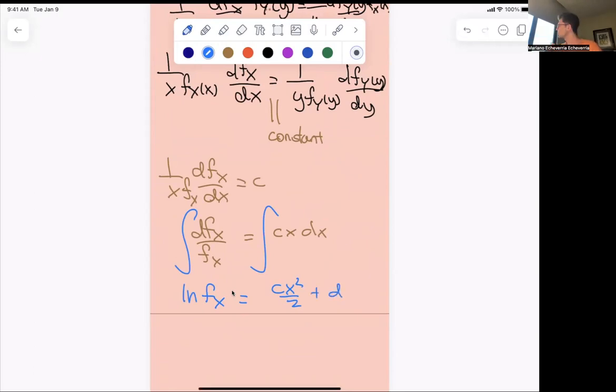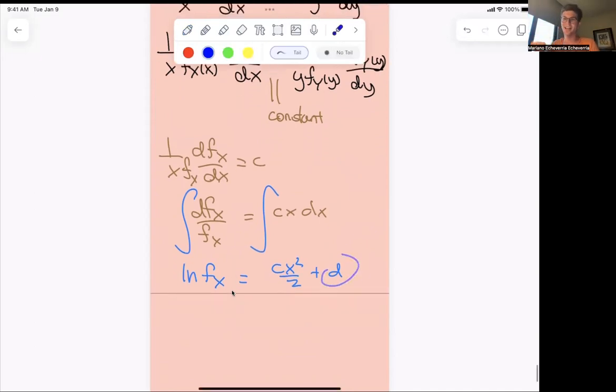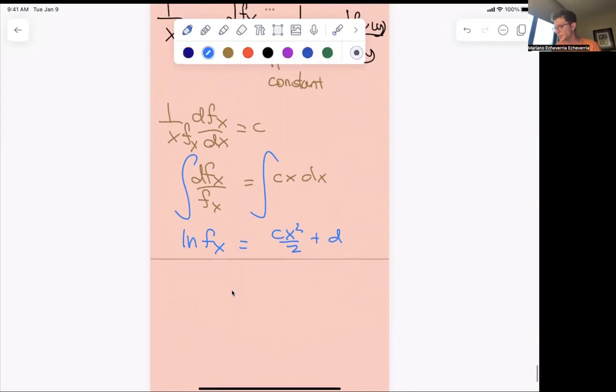The important thing is that this constant of integration doesn't matter too much. When you take e to both sides, that's how you get the exponential term. The only thing is it's going to be some constant times the exponential. This constant, let's call it a.